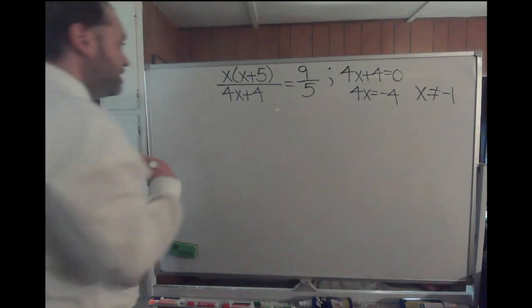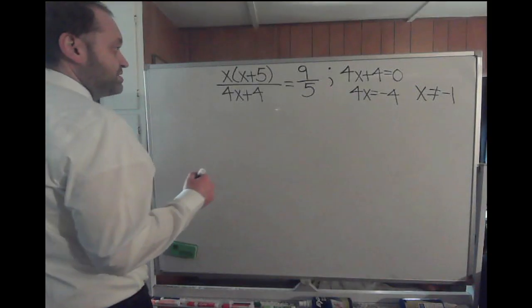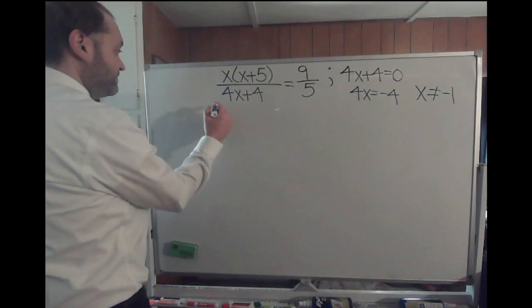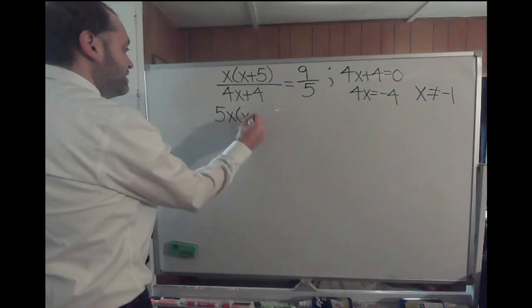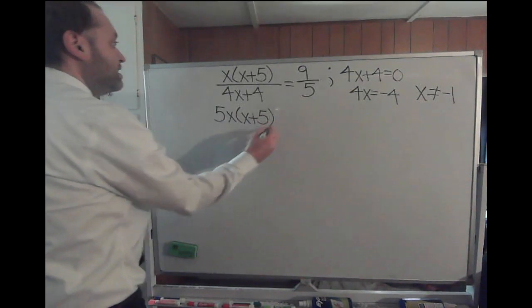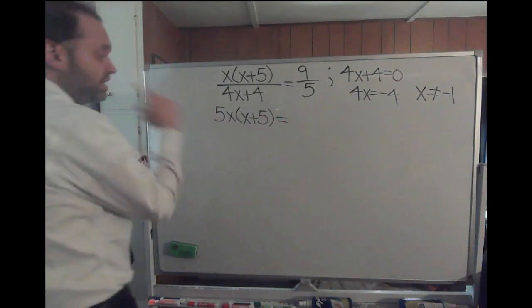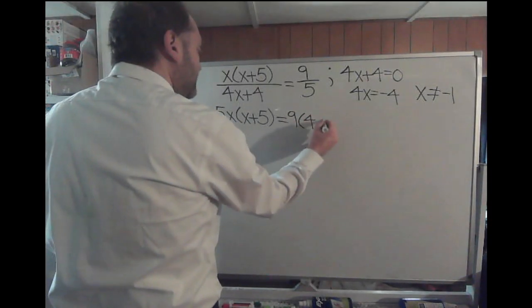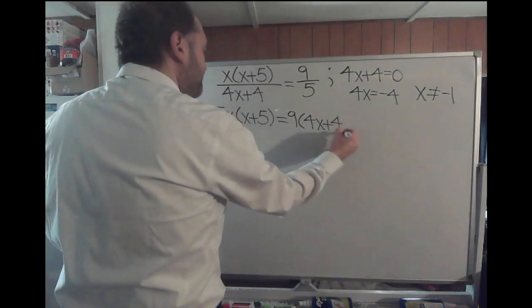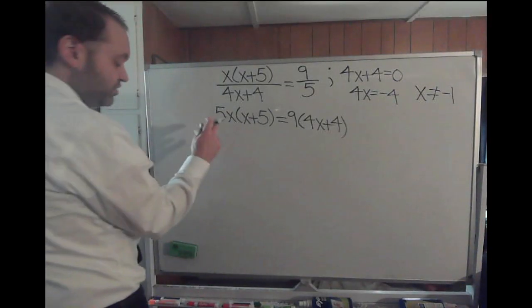So now take the product of your means times your extremes. 5 times x plus 5 would just give you 5x times the quantity of x plus 5 equal to the product of your extremes, which would be 9 times the quantity of 4x plus 4. Let's do the distributive property.